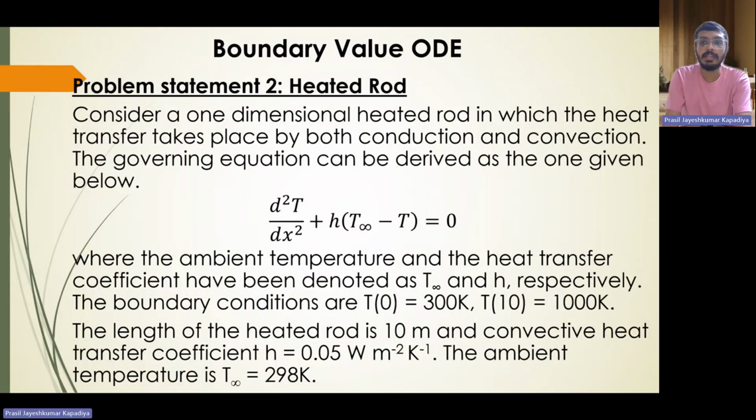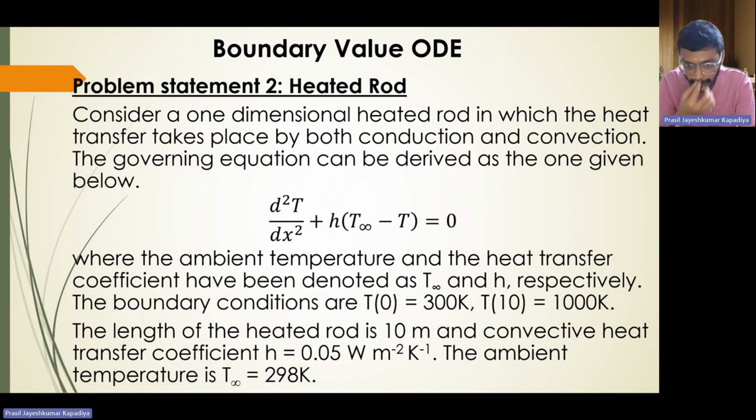The governing equation can be derived as the one given below: d square T by dx square plus h into (T infinity minus T) is equal to 0. So this is the governing equation, where the ambient temperature and the heat transfer coefficient have been denoted as T infinity and h respectively. So T infinity is my ambient air temperature and h is my heat transfer coefficient.